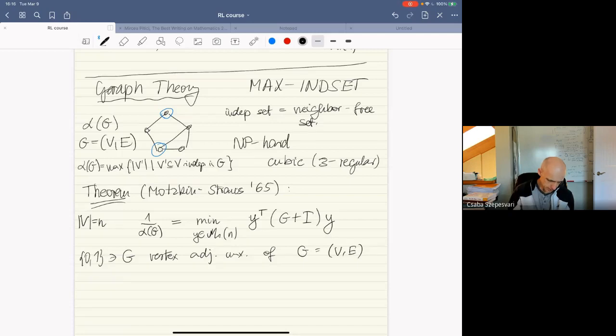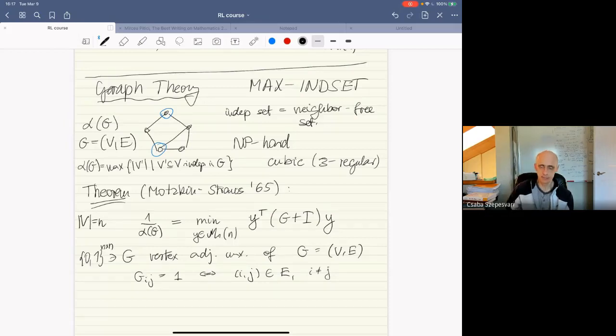Recall that this matrix is an n by n matrix such that Gij is equal to 1 if and only if i and j are connected in the graph. There are no self-loops.